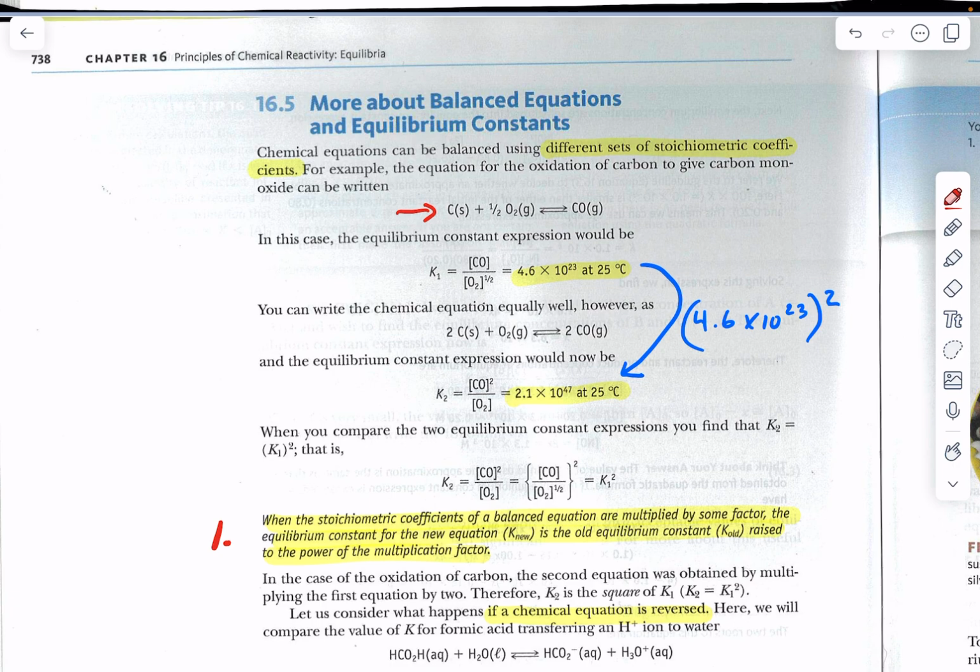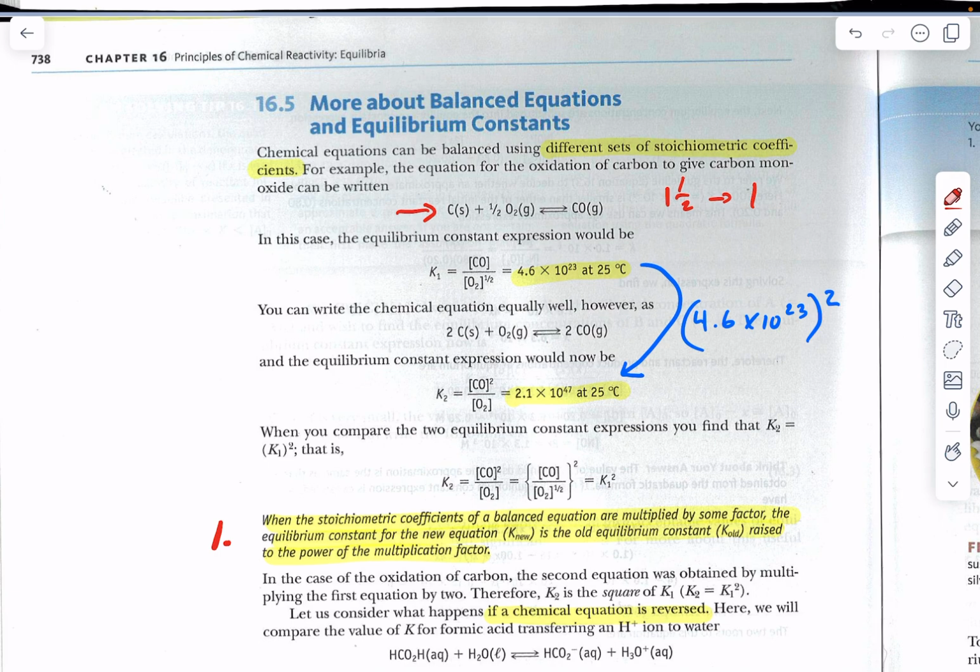Obviously, in terms of entropy, where you have 1.5 moles of gases becoming 1 mole of gas, that's a decrease in entropy, and that generally is not thermodynamically favorable. Plus, we would need to know the temperature at which this becomes possible, which I would imagine is very high.